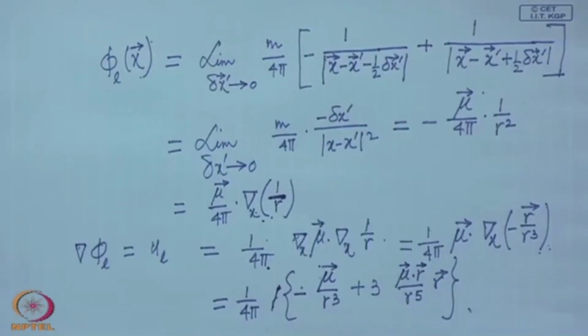The first observation that we can have from here is that in this case the velocity decreases with inverse cube of the distance. Comparing with the source, in case of a source, the velocity was decreasing with inverse square of the distance. In this case, velocity is decreasing with inverse cube of the distance.